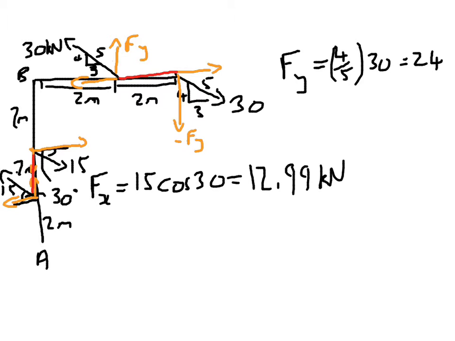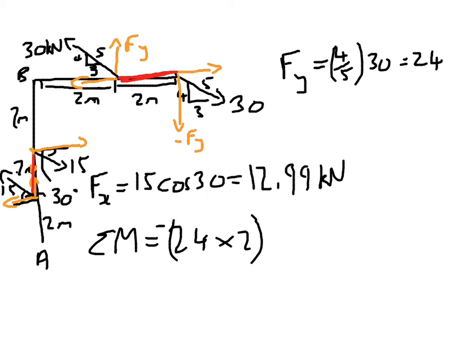So now we can do our moments. So the sum of our moments is going to be 24 times 2, represented by the red line here. They're going to try and turn our beam clockwise, so we put a minus sign on there.